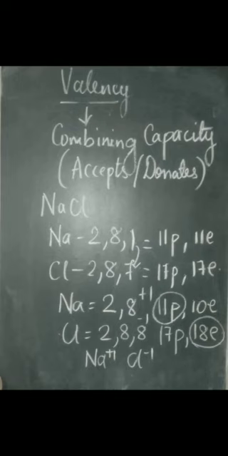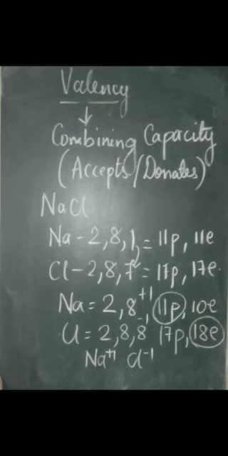That means if sodium has to become stable, it needs 7 more electrons in its outermost shell to become stable. And if chlorine has to become stable, it needs 1 more electron in its outermost shell.